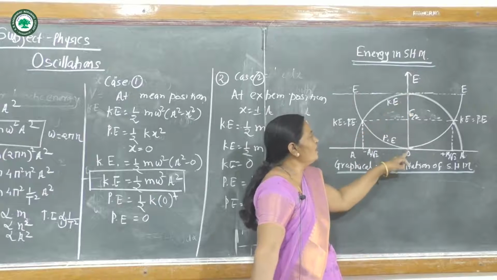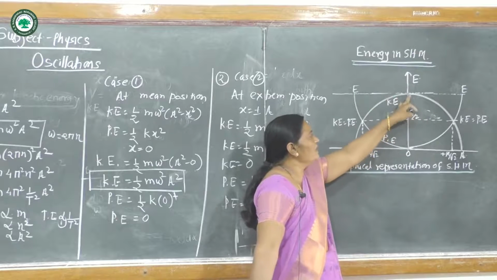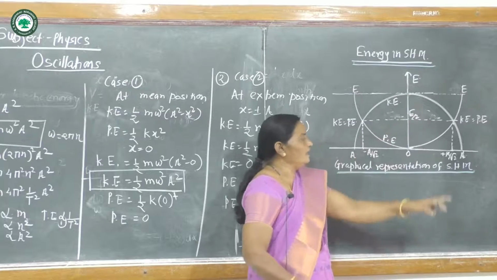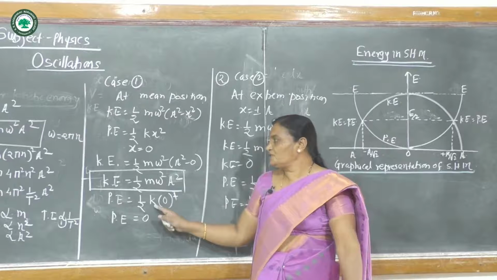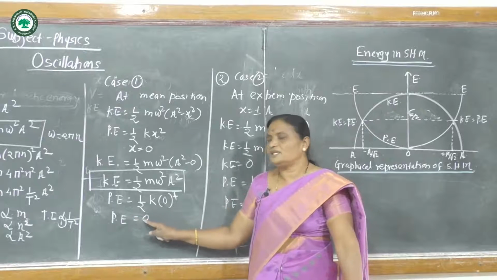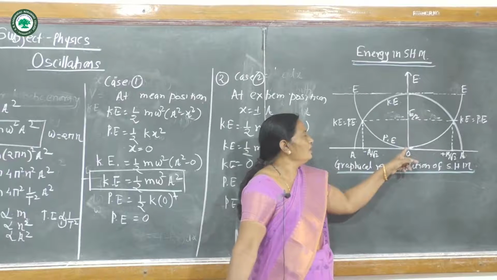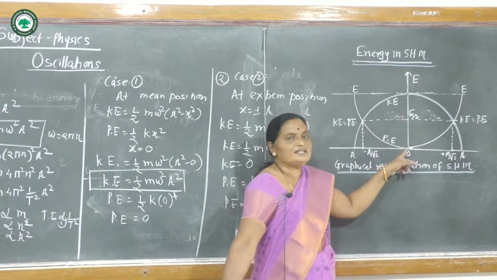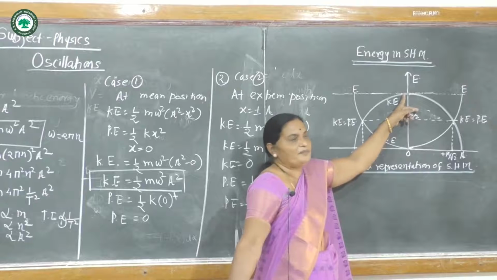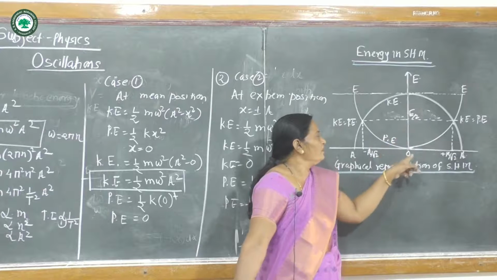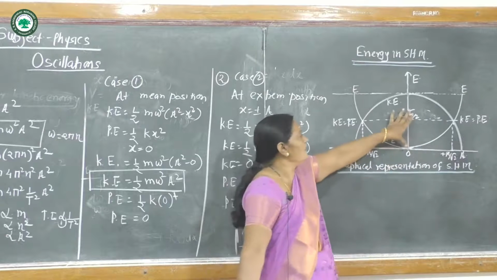That is, at mean position the total energy is entirely kinetic. And we draw the graph like this.